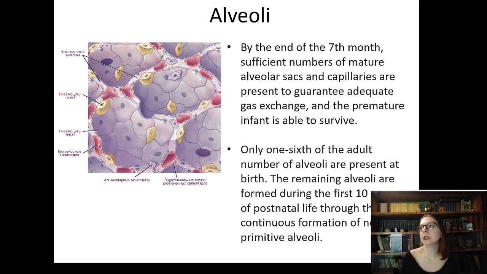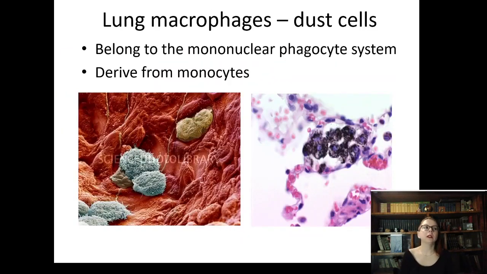What is especially interesting is that at the moment of birth, the volume of our lungs is much smaller than in adults, and only 1/6 of all the alveoli are present. And during the next 10 years, alveoli continuously develop, and alveolar sacs are formed, and even respiratory bronchioles appear along the next 10 years of our life. So lungs are not fully developed at the moment of birth, but they are ready several months before the birth.